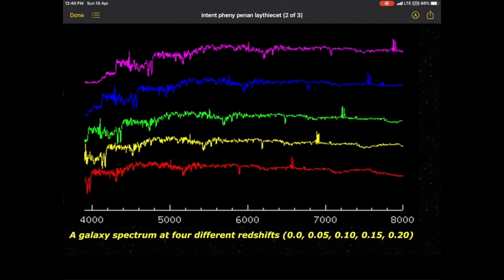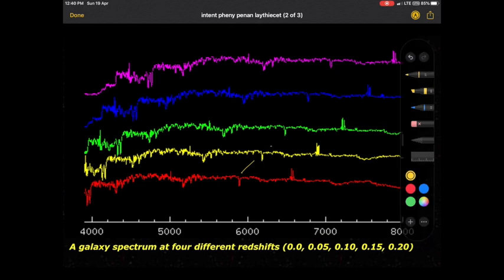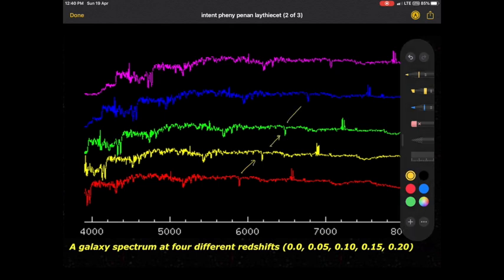So this is a depiction of the spectra of a galaxy, and you see that they have purposefully given it in different colors, and you see there is some striking similarity between these spectra. Every time you see these, you observe that there is a shift in the spectra.